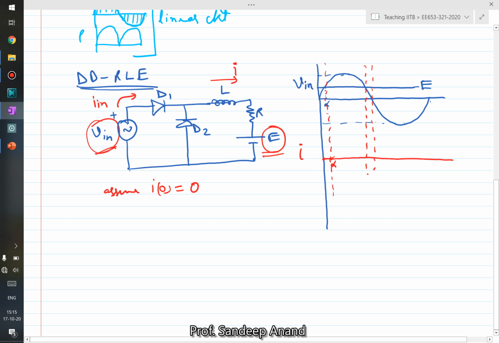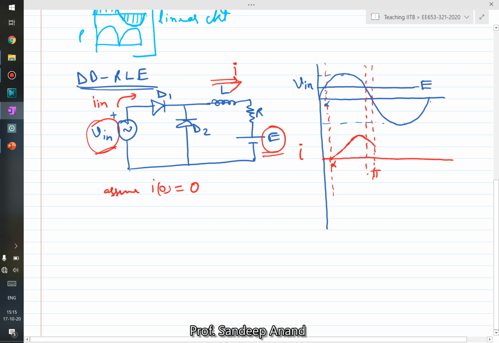So after alpha, the inductor current would rise, and again it would hit a peak value at some instant, right? And after that instant, the current would fall, and current would continue to fall till pi, right? Now if you see, I is positive, current is flowing in this direction, right? And you have reached the instant pi.